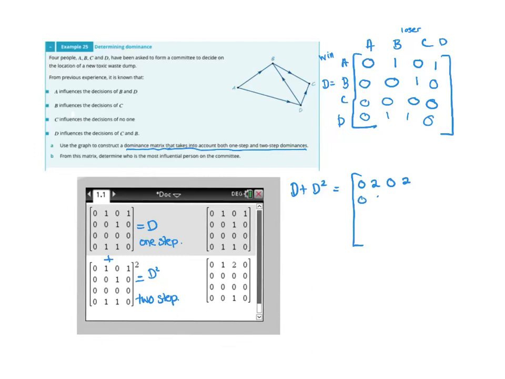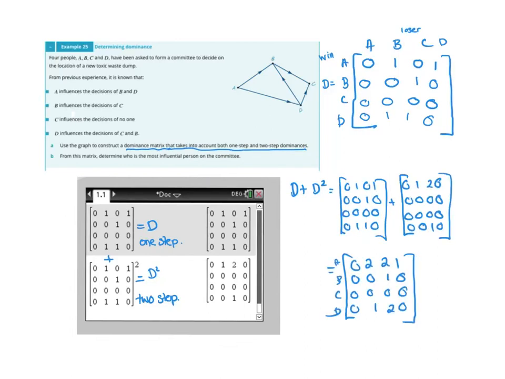Sorry. When you add D and D squared together, you get this one here.